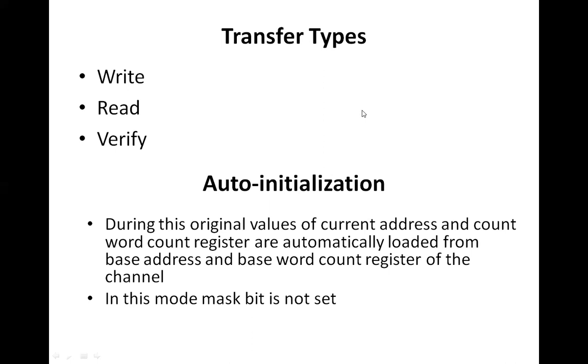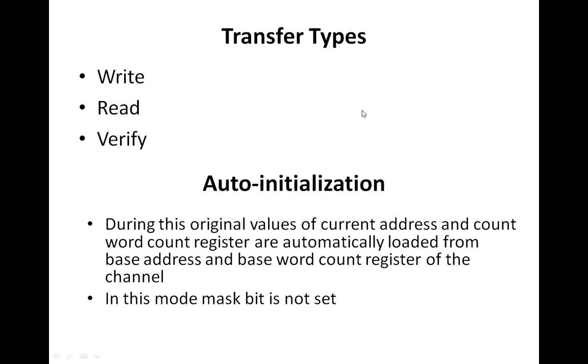So what happens during auto initialization? The original values residing in the base address register and the base word count register are automatically loaded into the current address register and the current word count register of the respective channel, because every channel has its own current address register, current word count register, base address register, and base word count register.